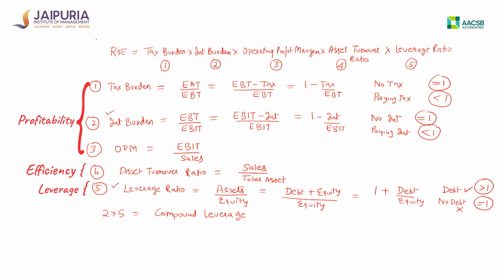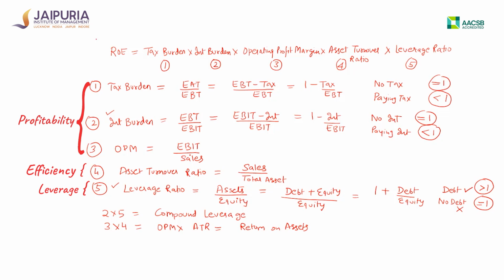It captures the impact of debt on ROE from both the interest cost and the financial leverage. And the third and fourth parameters, 3 into 4, that is operating profit margin into asset turnover ratio, equal ROA, return on assets. It's a key measure of operational efficiency.